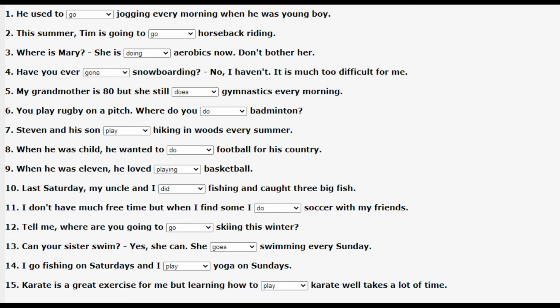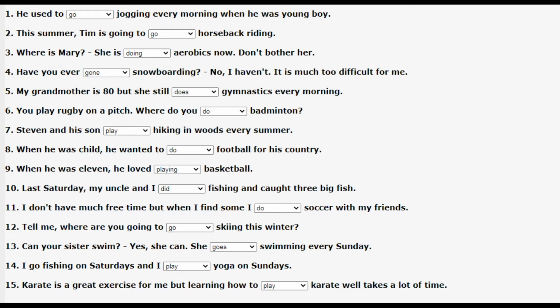In number 4, we have a question. Have you ever gone, have you ever done, or have you ever played snowboarding? Pay attention to the verb in the ing form, snowboarding. So we use the verb go plus the ing. So you say, have you ever gone?